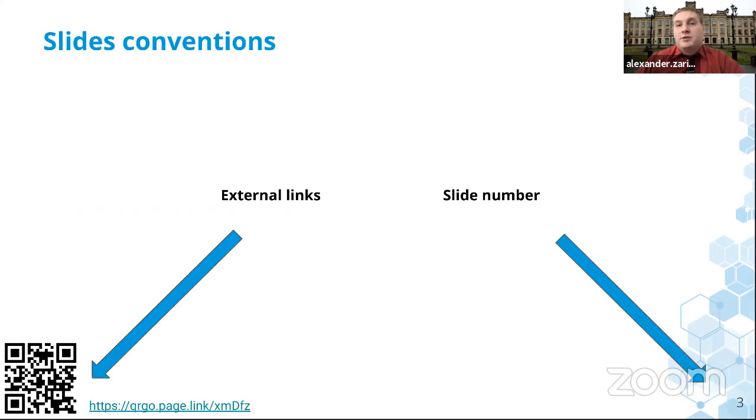And just before we start, I want to explain some slide conventions. First of all, this lecture will cover only high level concepts. So if you want to learn more about some cool stuff and dig deeper into the ideas, I recommend you use the QR codes that I put in the left bottom corner of the slides, or simply use the hyperlinks when the presentation is published in the Slack channel.